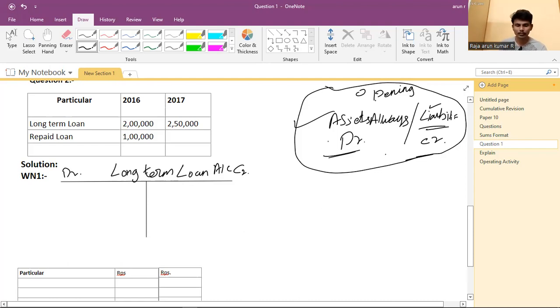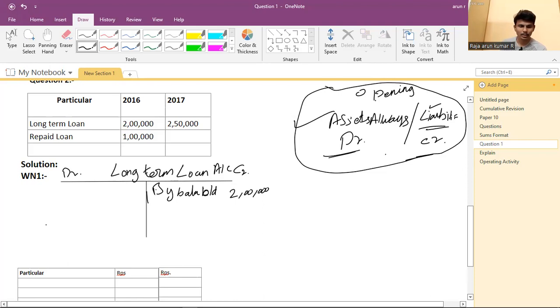So the opening balance of 2 lakhs comes on the credit side of the balance sheet: by balance b/d 2 lakh.